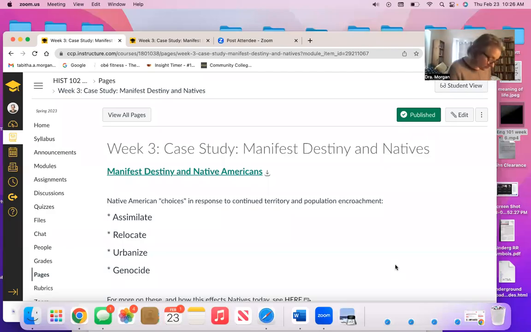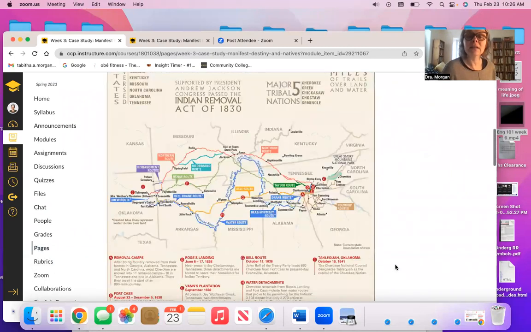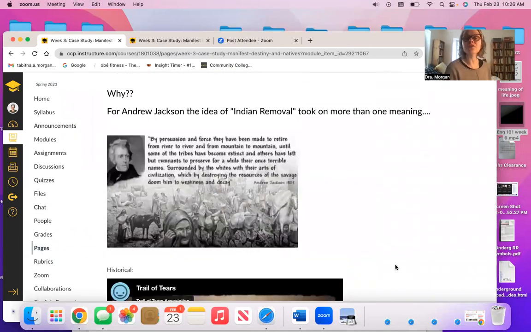So what I want you to focus on right now is this dude, Andrew Jackson. Andrew Jackson is a complicated figure. I don't even know where to start with him.